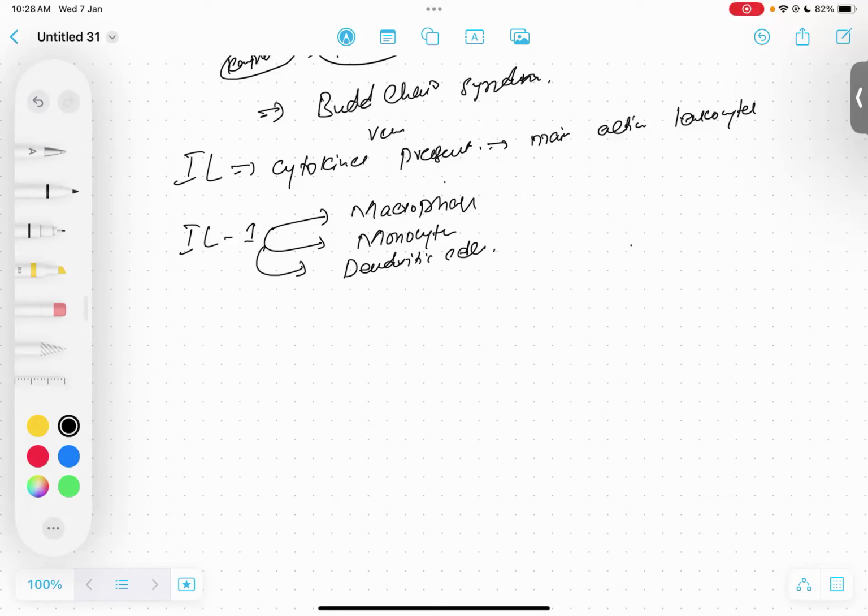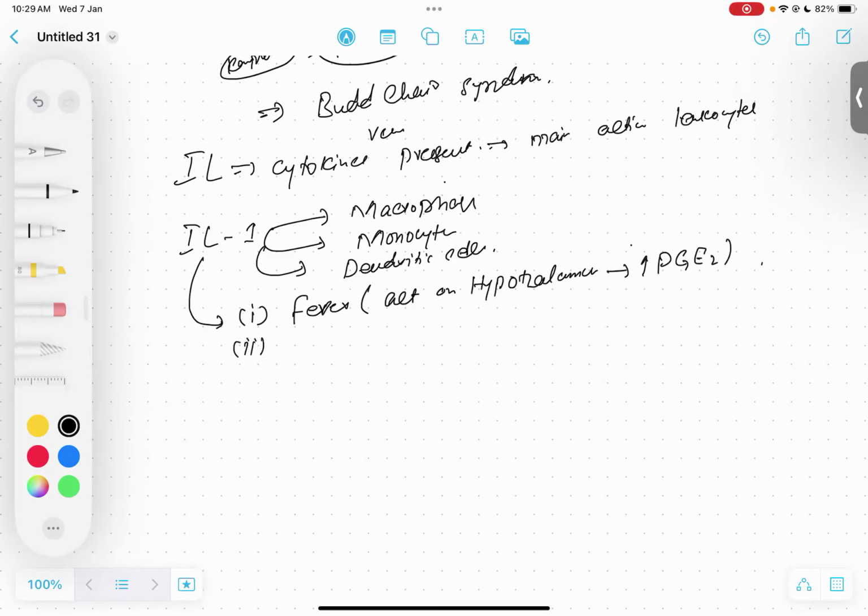Its main important function is that it will cause fever, because it will act on the hypothalamus and increase a specific type of prostaglandin called prostaglandin E2.